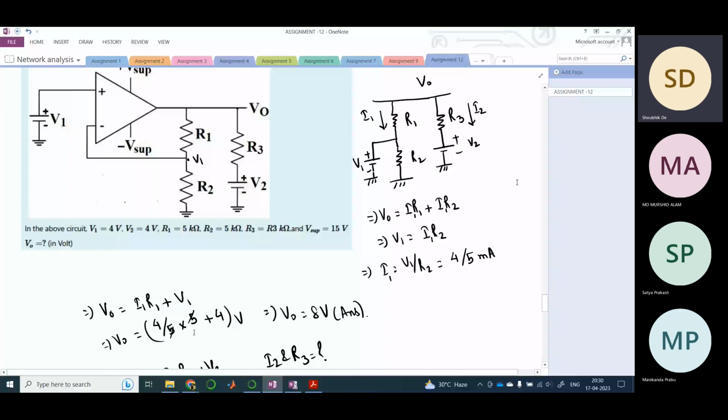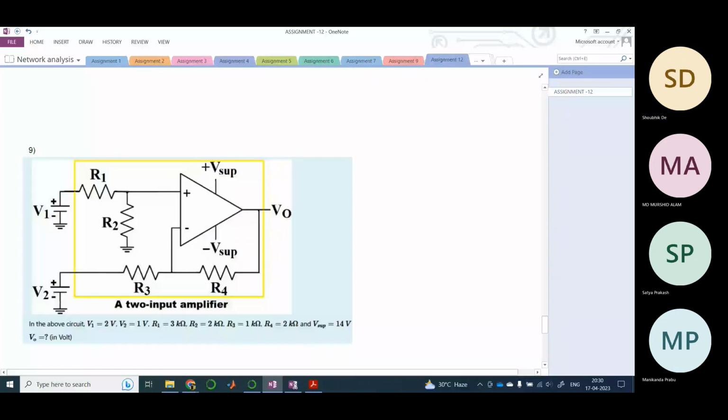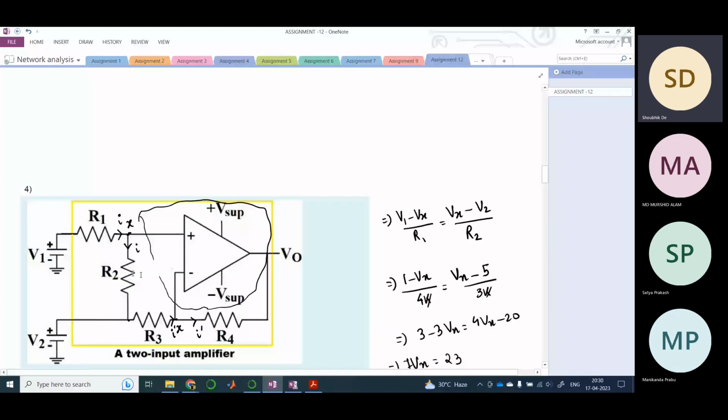So coming to the next problem, it is almost similar to one of the problems we have solved previously. If we go back, it's similar to this problem, only that this R2 was connected to V2, but now R2 is grounded, but the problem essentially remains the same.